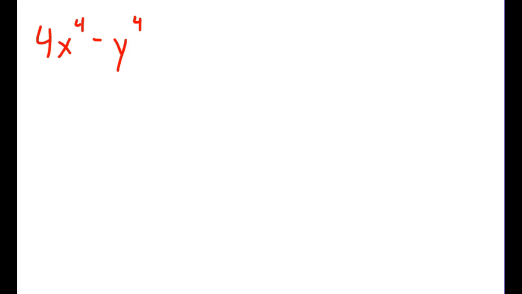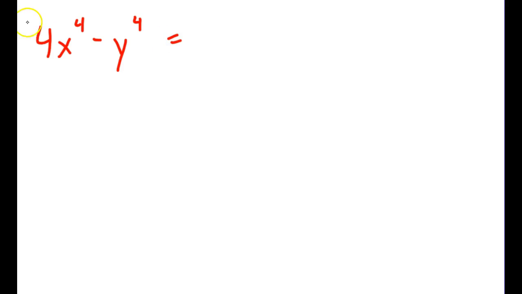Another example, very similar. If you would like to pause the video, this would be a good chance for you to practice rewriting this using exponent properties and then difference of squares. If you're not comfortable yet, you can watch me go through it right now. So 4x to the fourth, I want to use exponent properties to rewrite that.